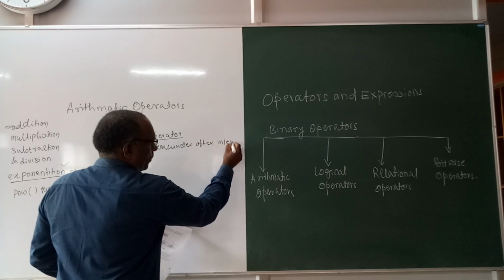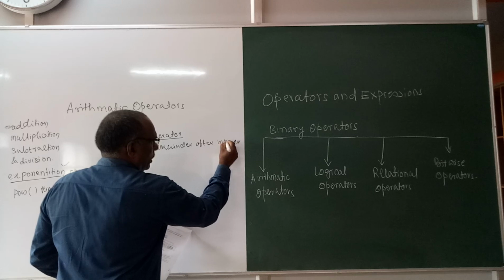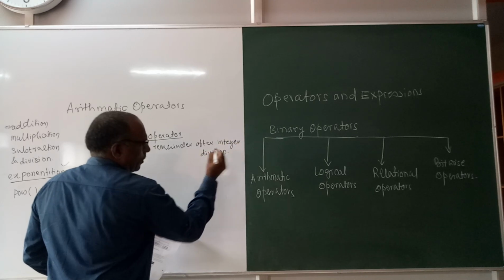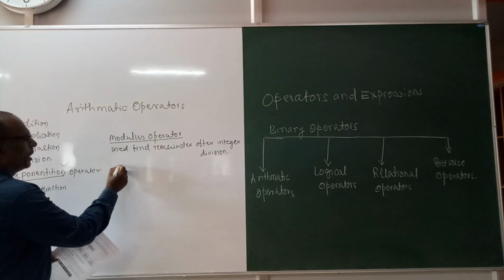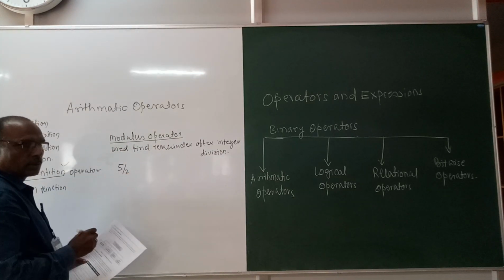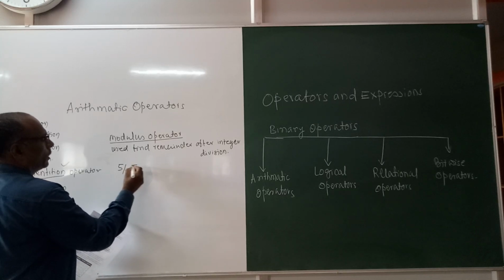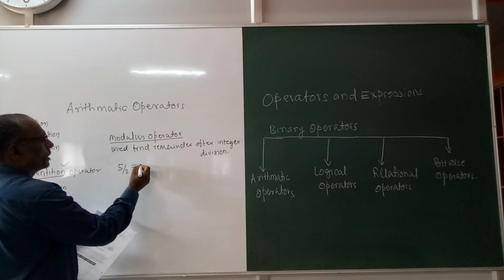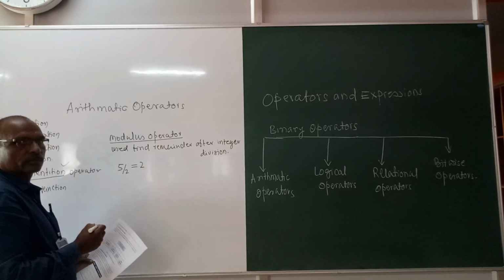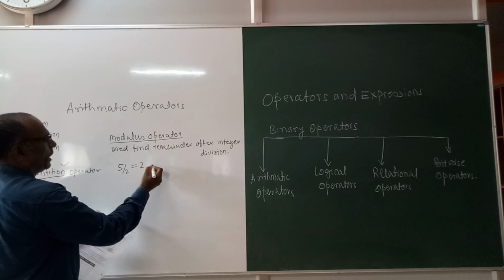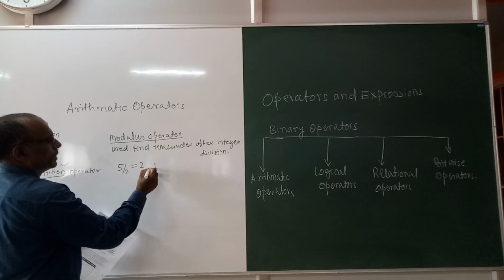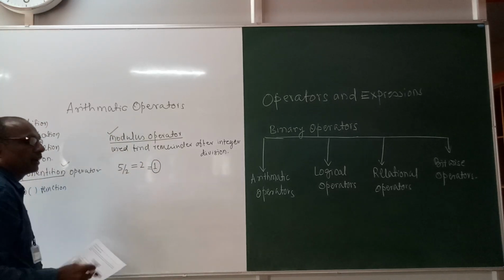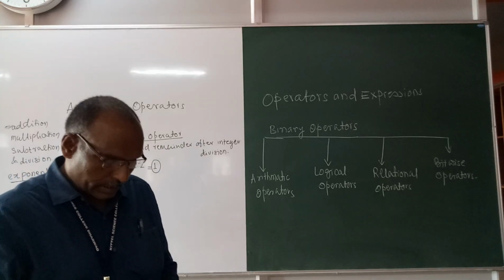For example, 5 by 2: 2 twos are 4, remainder is 1. So this is used to indicate the remainder of integer division.